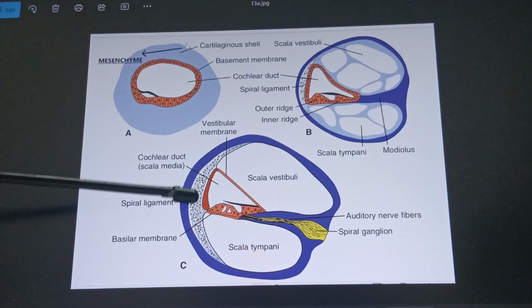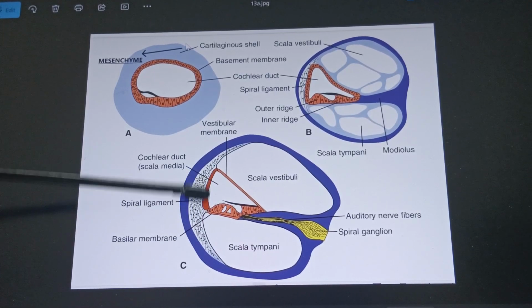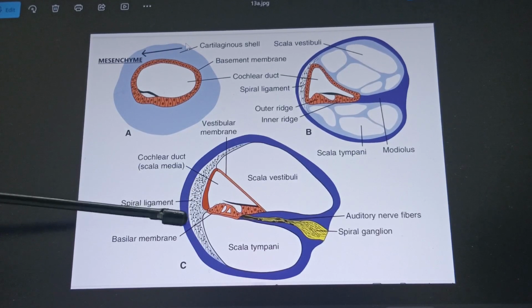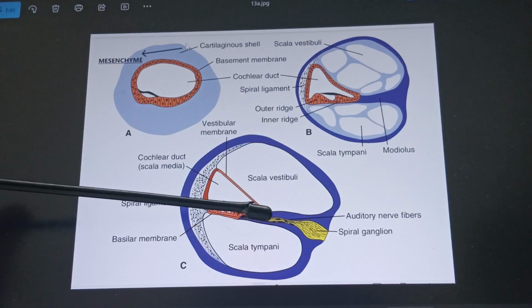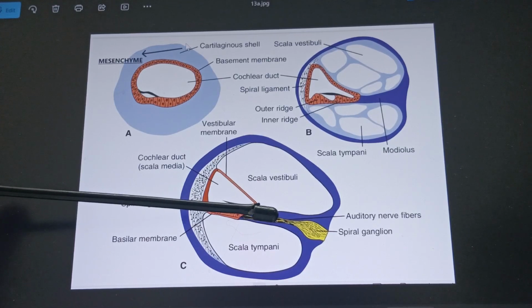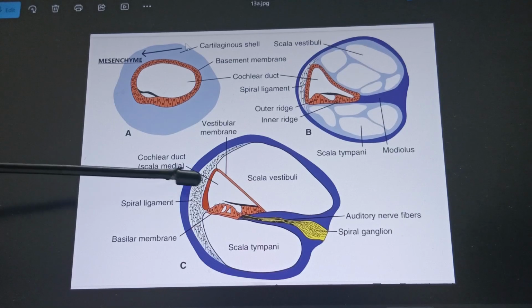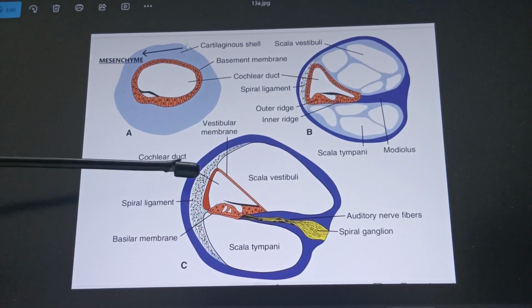And there lies the spiral ligament that attaches the base of this scala media to the bony shell. So now we know that scala media has an apex attached to the modiolus just near to it, and a base having stria vascularis being attached to the lateral wall through the spiral ligament.